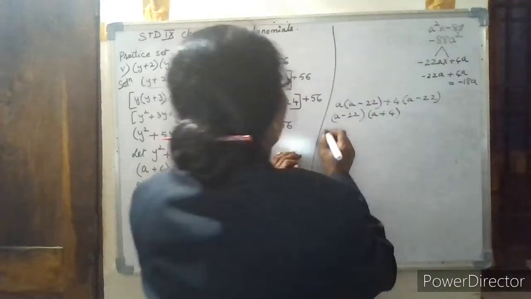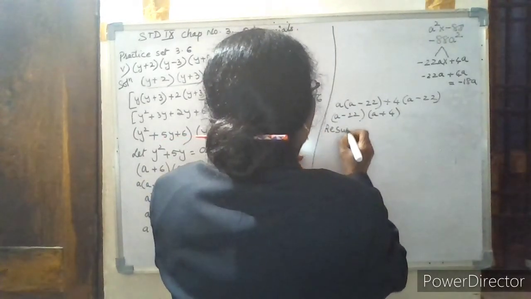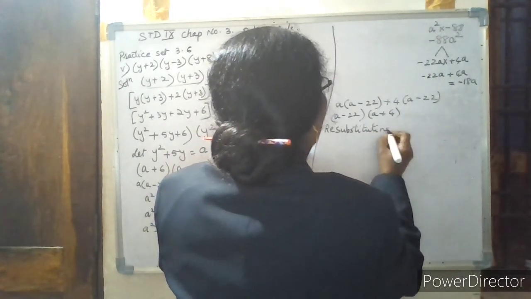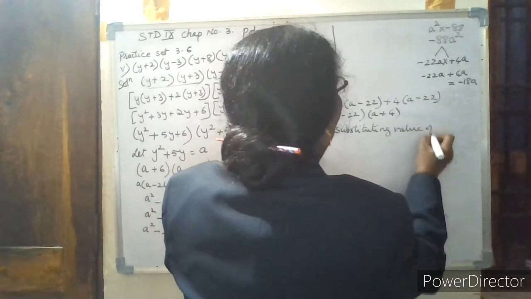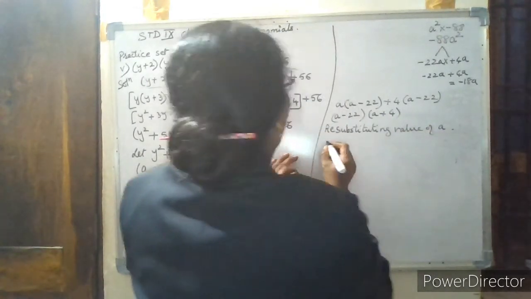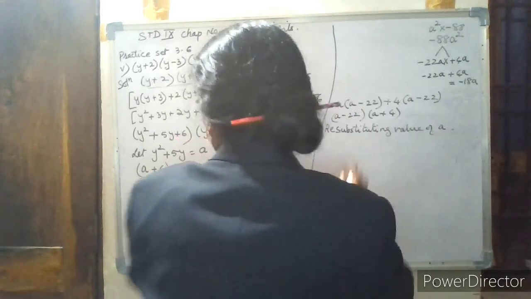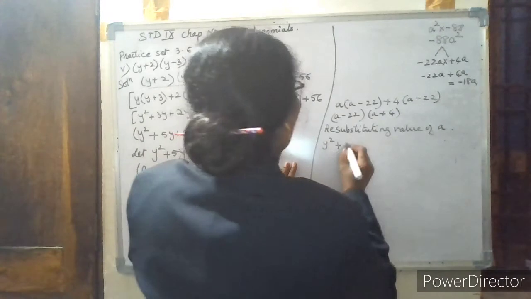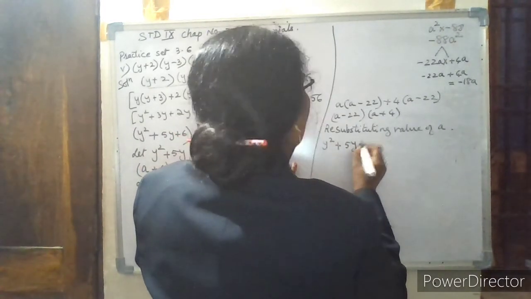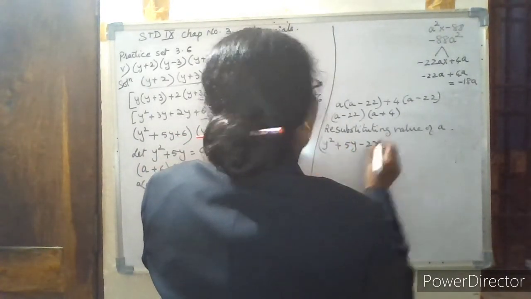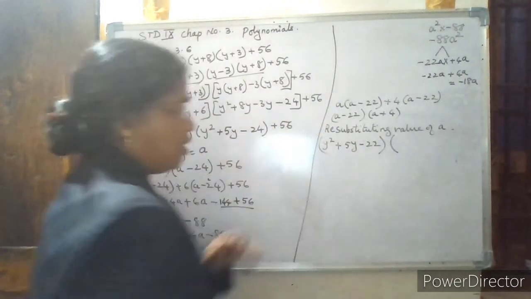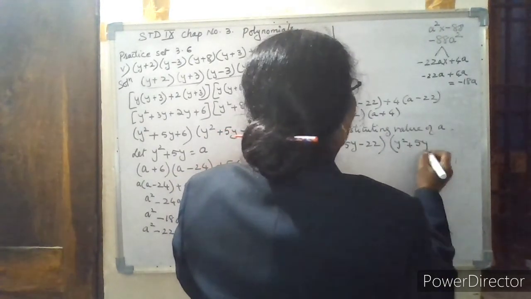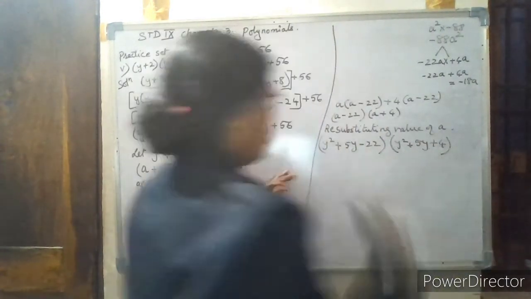So resubstituting the value of a, we get y squared plus 5y minus 22, one quadratic polynomial, and again y squared plus 5y plus 4, another quadratic polynomial.